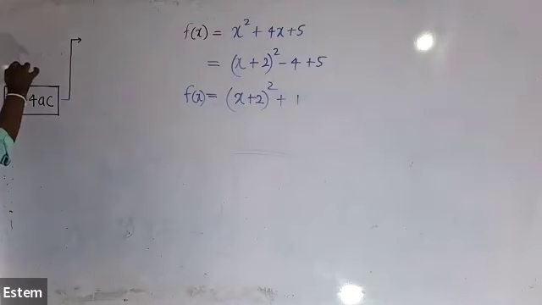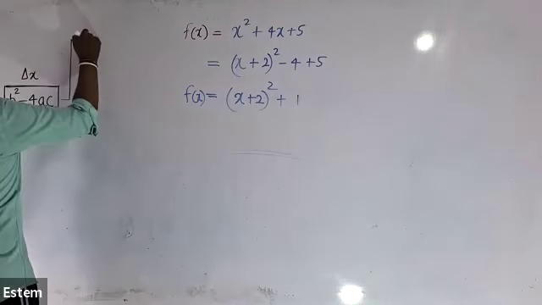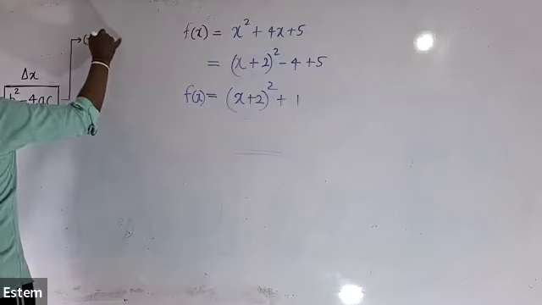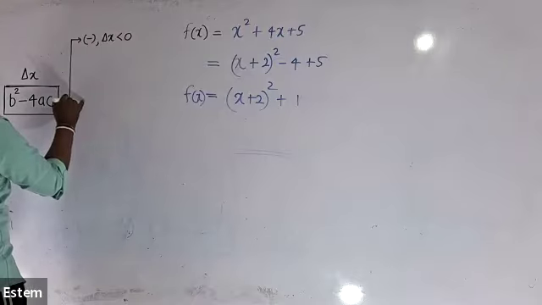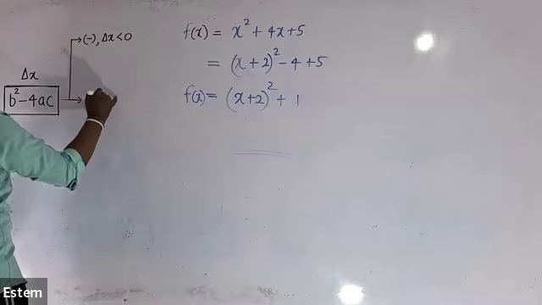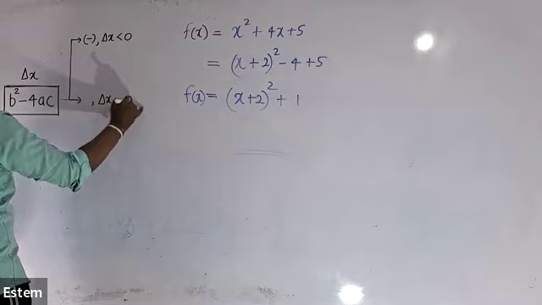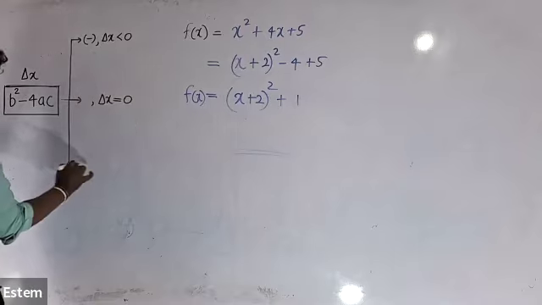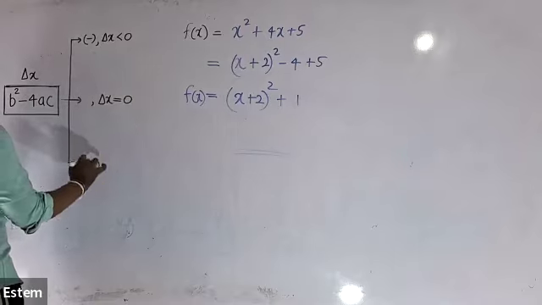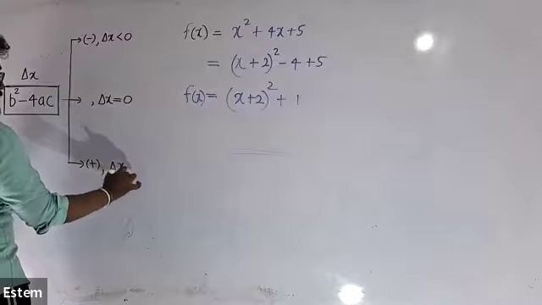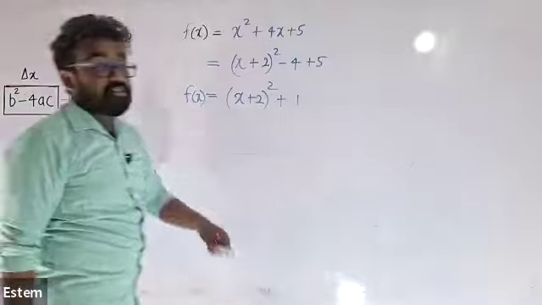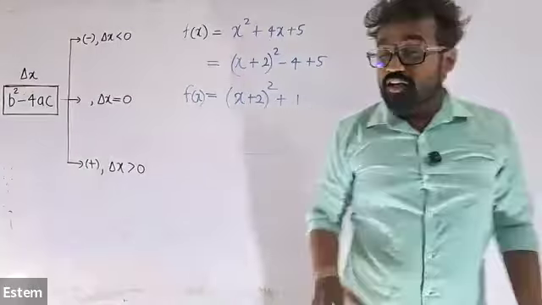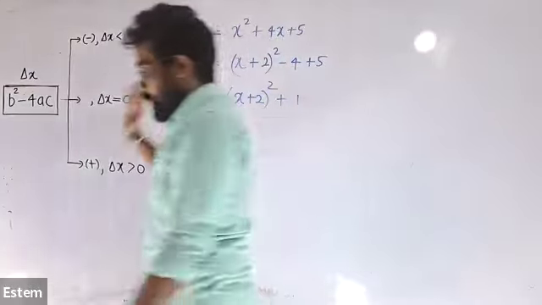This is delta, no? It is negative means delta is less than 0. Here delta is equal to 0. Here, if it is positive, delta is greater than 0. So this is the summary, okay? This summary is very important for integration, okay?